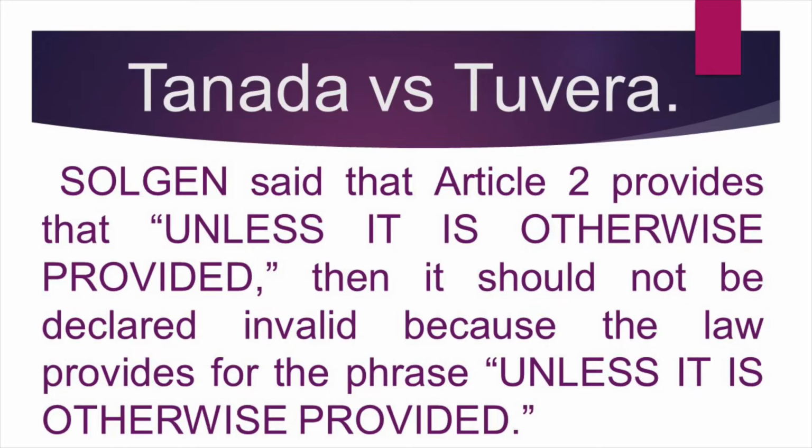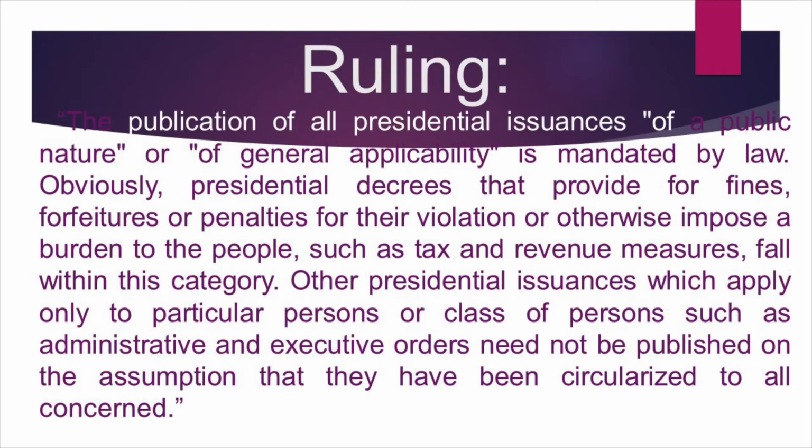So how did the Supreme Court decide on this case? Let's see. The Supreme Court said the publication of all presidential issuances of a public nature or of general applicability is mandated by law.